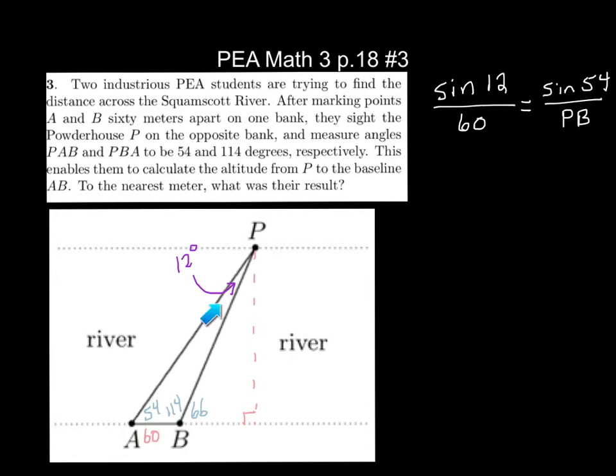And again, it's the sine of an angle over the opposite side equals the sine of an angle over the opposite side. So that's why I use 54, because we wanted to find PB. So that means we could do a little calculator work, but we would have PB with cross multiplication. PB equals 60 sine 54, multiply these, divided by sine 12.